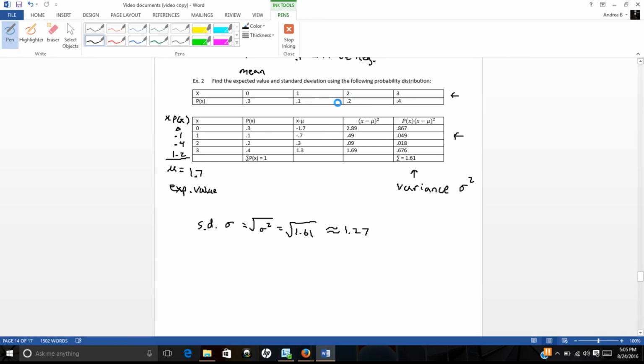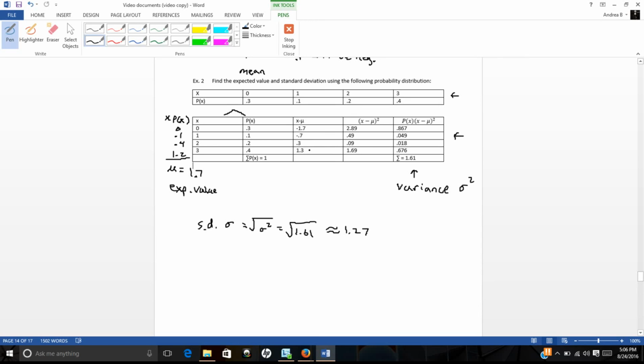Some of these can get quite long depending on how many values there are. So it's a good idea to know how to set up these tables, kind of like what we did whenever we were first finding our standard deviations. In this case, once again, we start with these first 2 columns, the x and p of x, multiply them to get the mean, which is also called your expected value.